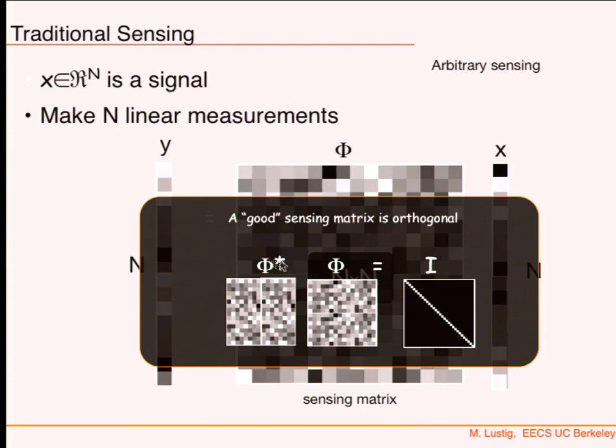So another way to think about it is phi transpose phi, or phi transpose conjugate phi, would be the identity matrix. This is linear measurements, and obviously a linear reconstruction, because it only requires you to invert this matrix and be able to reconstruct your signal.